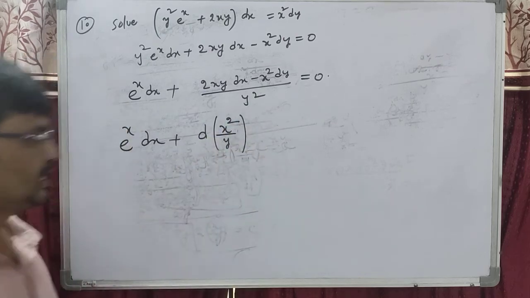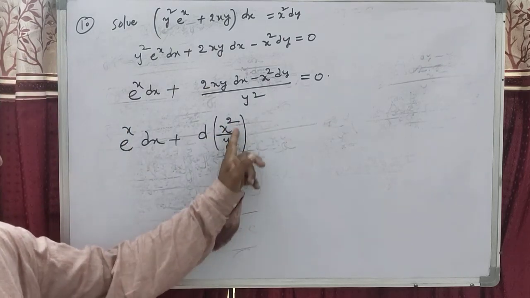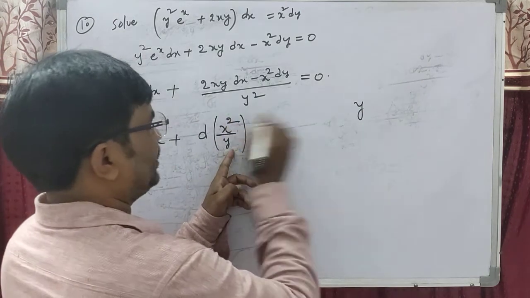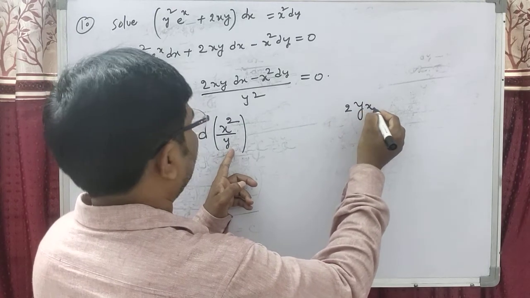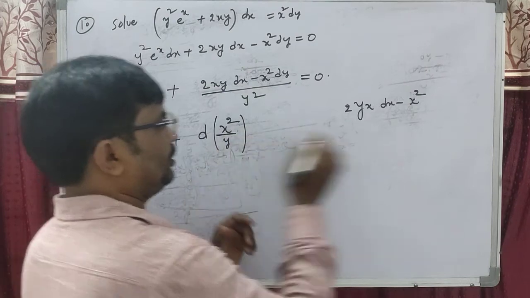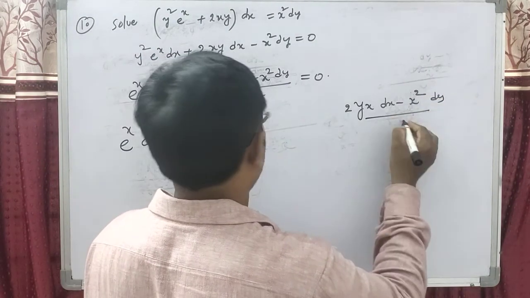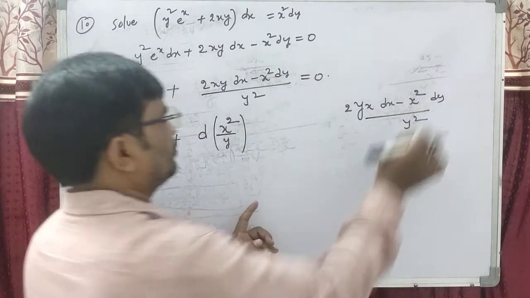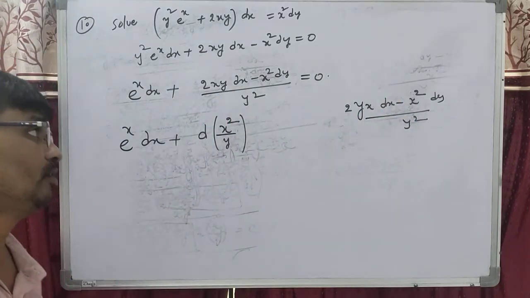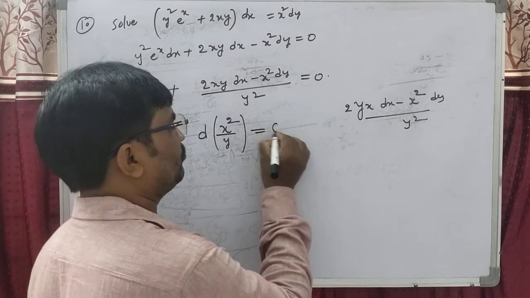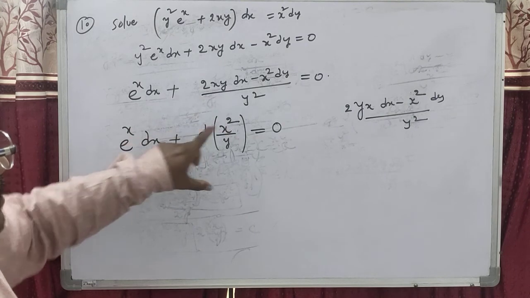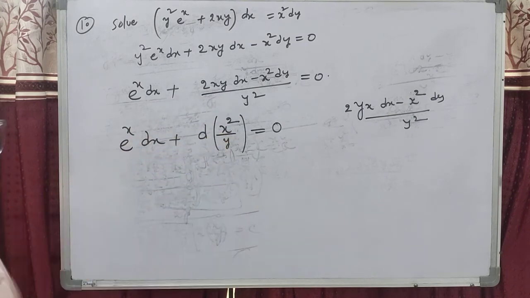When you compare with u by v, first you write v, the derivative of x square, 2x dx, minus u into x square into the derivative of y, dy, upon y square. This is the term 2xy dx minus x square dy. So check for a minute what form this is: this is the derivative of x square by y.